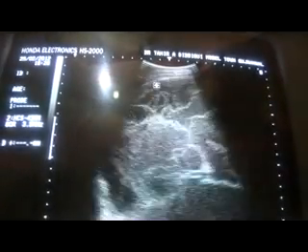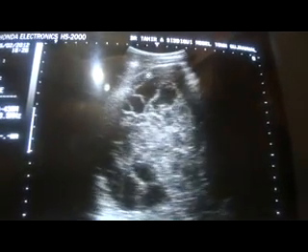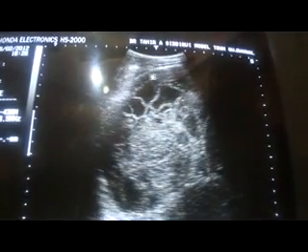Where is the left kidney? Now see the covering of the cystic area. It is very well demarcated. This is the outer margin. Let's go to the splenic area, and now this is the outer margin.